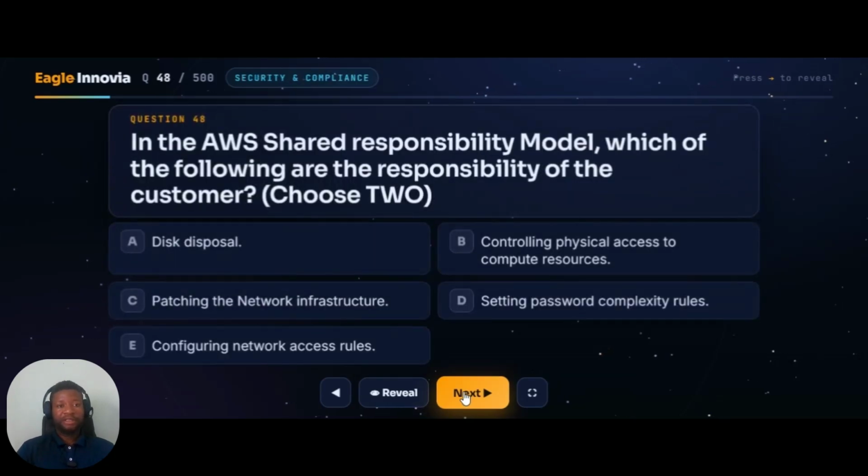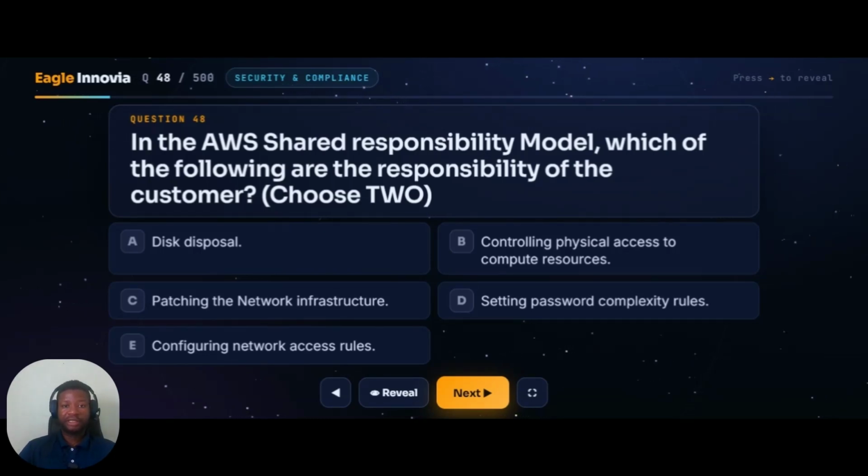Question number 48. In the AWS shared responsibility model, which of the following are the responsibility of the customer? Choose two. A. Disposal. B. Controlling physical access to compute resources. C. Patching the network infrastructure. D. Setting password complexity rules. E. Configuring network access rules.